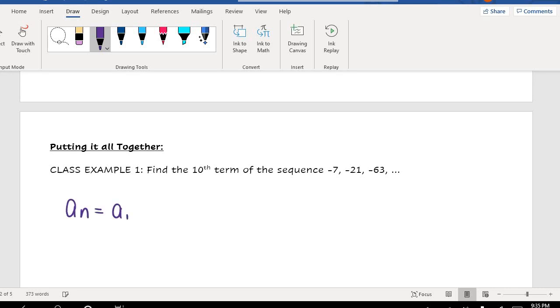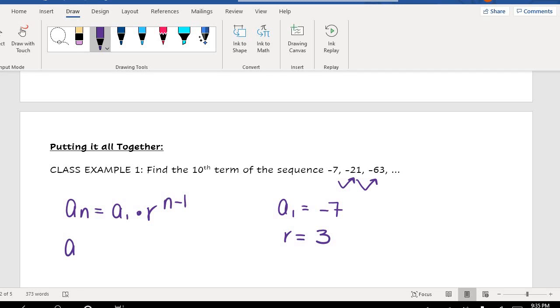So the explicit formula is going to be in the form a sub n equals a sub 1 times r to the n minus 1. Now to do that, we need to come up with a sub 1 and r. So looking at our sequence, the first term is -7, and the common ratio is 3.